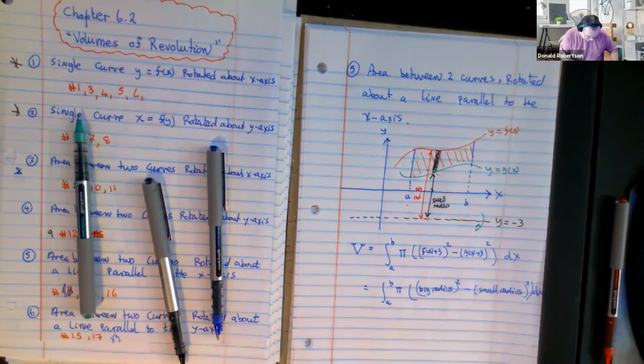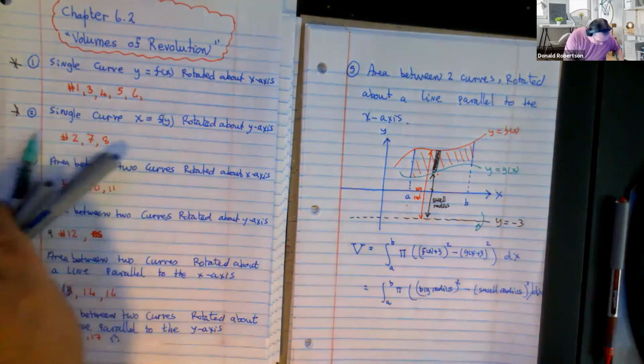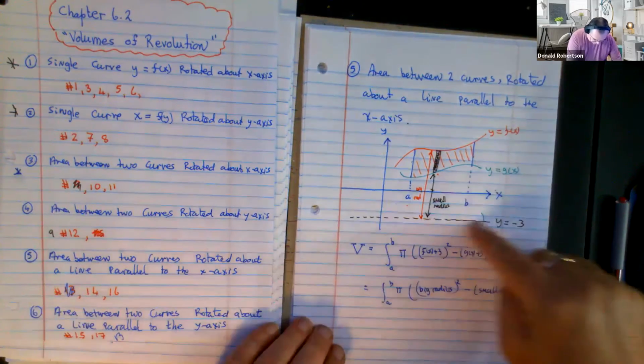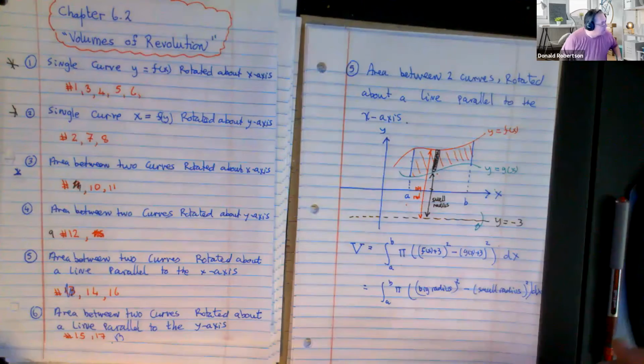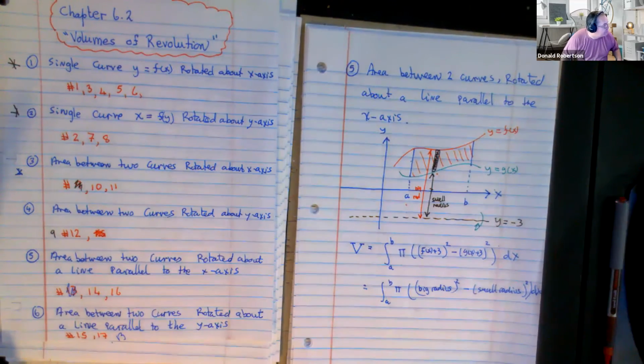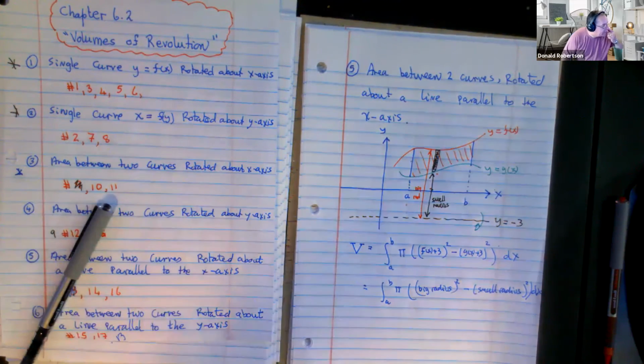Right. So let's find a question that does this version, and then I'll show you one at the top. And so I'm on the hunt now for questions that rotate about the x-axis. Okay, that 14 is good, but it's the other way around.